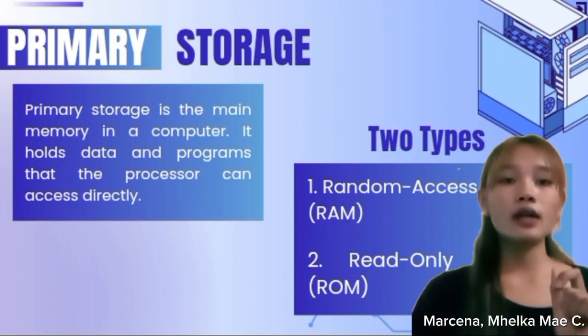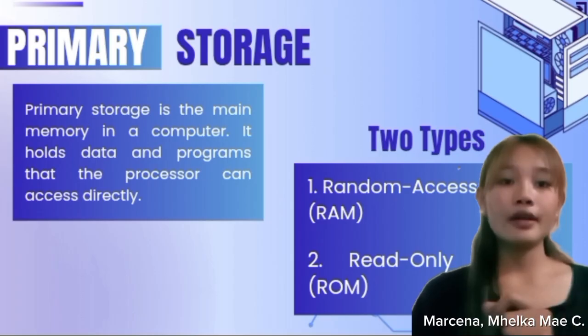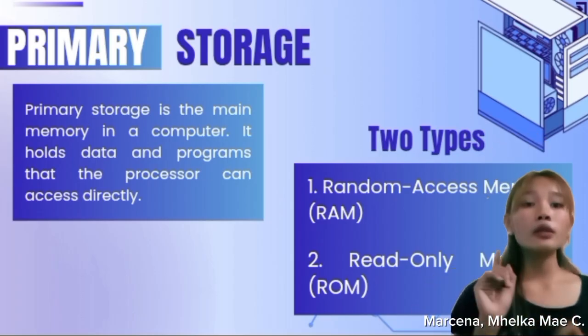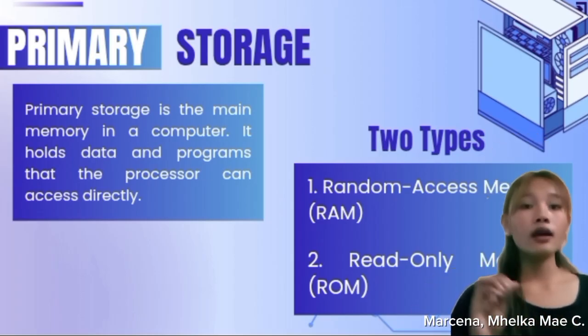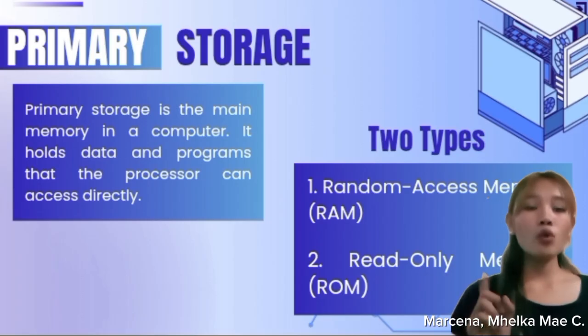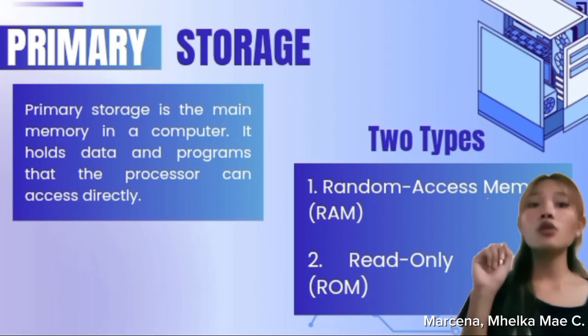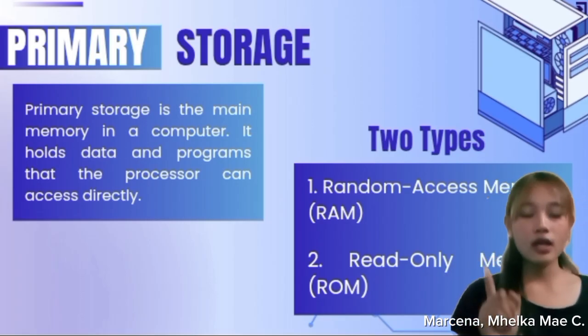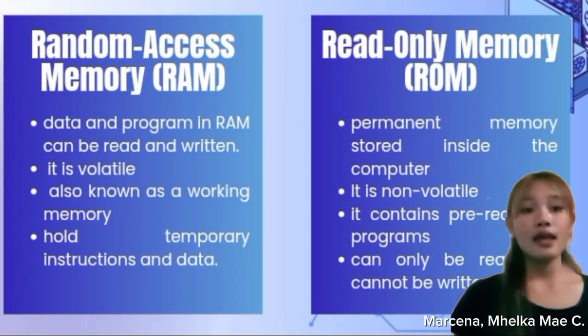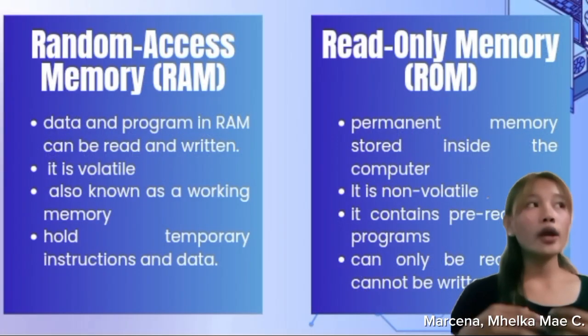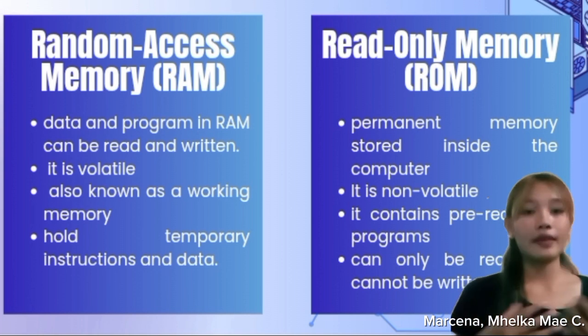And now let's dive deeper into primary storage. There are two main types naman ng primary storage: the RAM or random access memory and the ROM or read-only memory. RAM is a temporary storage that holds data and programs while the computer is running.